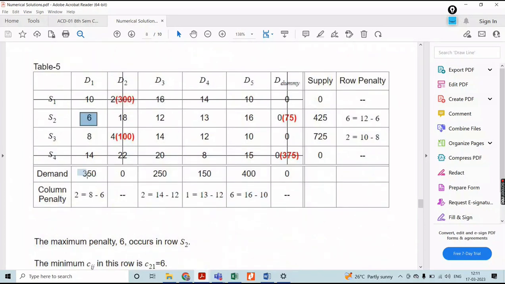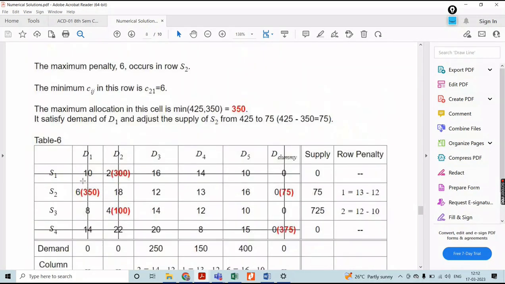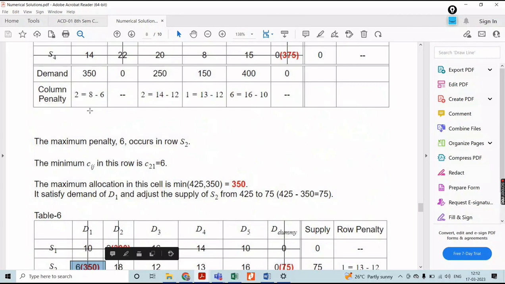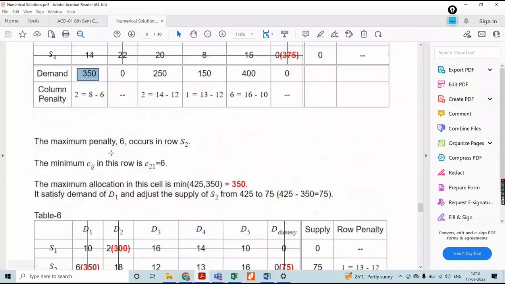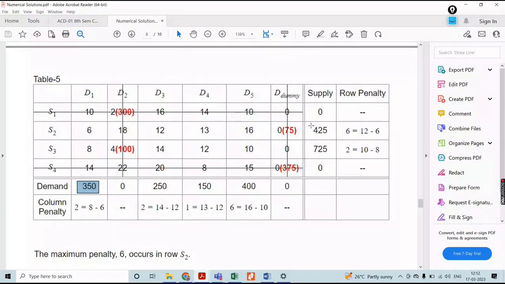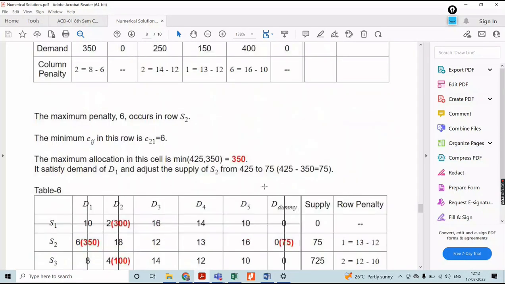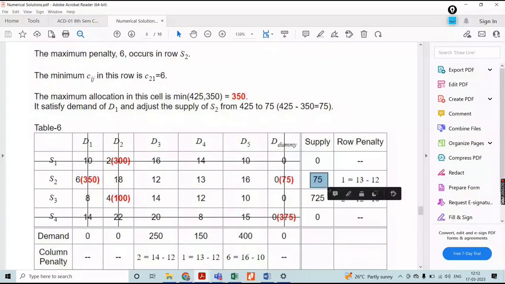350 is there, so that 350 allocation is done. Then 350 will become 0. What is the total quantity available here? 425. 425 minus 350 is 75. You have to write the remaining 75 here.